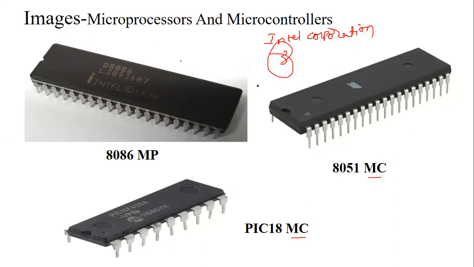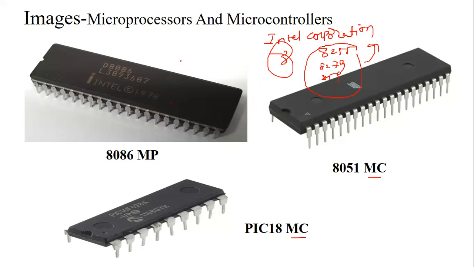At the same time, the interfacing devices 8255, 8279, 8259 are also developed by the Intel Corporation. Whatever you are going to study, all the devices are developed by Intel.